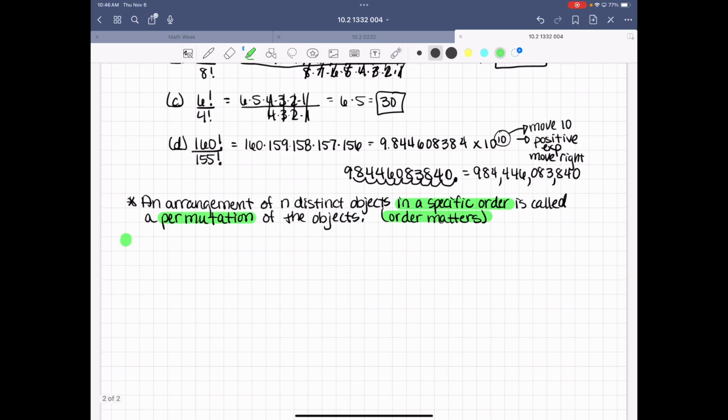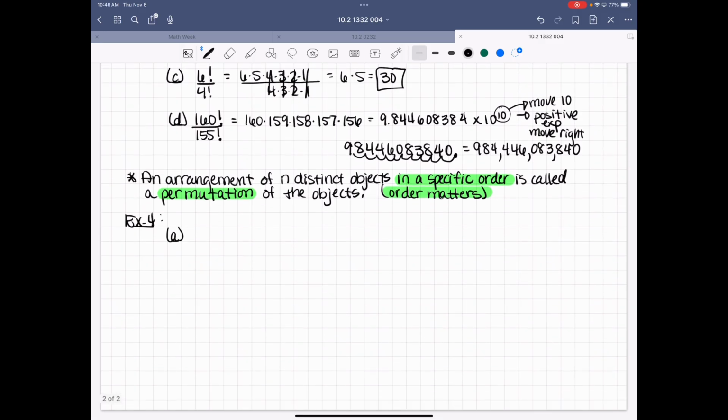Let's look at example 4. List all the orders in which you could line up 4 photos in a frame.